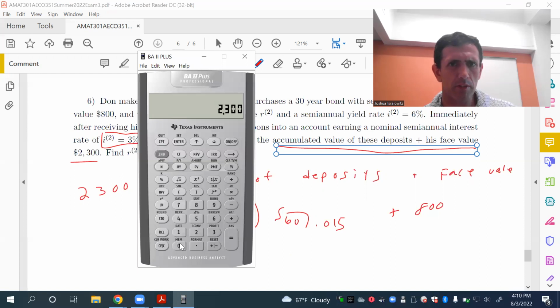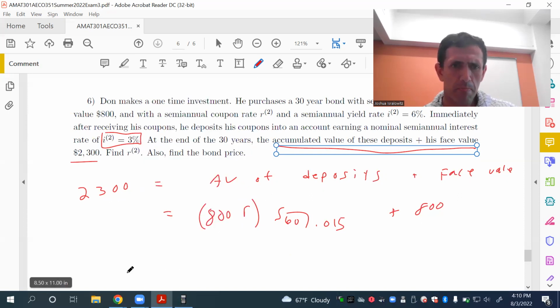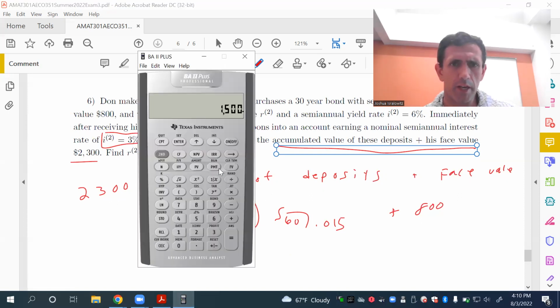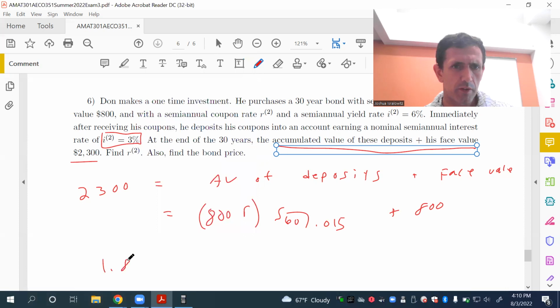Sorry about this. This is going to be 1,500. Let's divide by 800. $1.875, or we could have kept the 800, doesn't matter. This is going to be R times s angle 60 at 0.015. Let's get that.